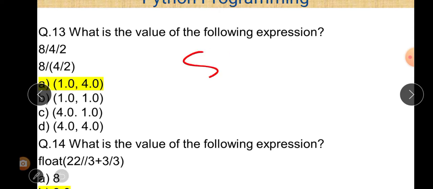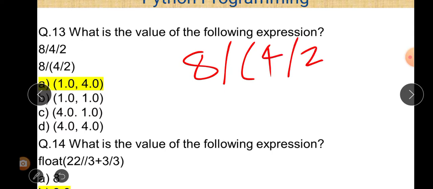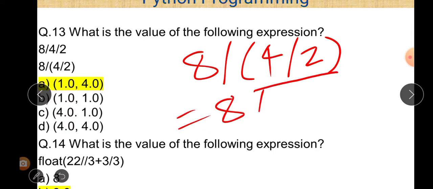The second is 8 divided by, and there is a sign of parenthesis here, 4 slash 2. So the parenthesis should be evaluated first, and 4 is divided by 2, so our answer should be 2.0, and when 8 is divided by 2.0, our answer should be 4.0.